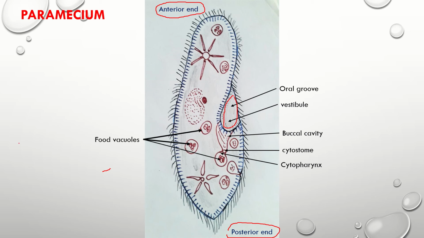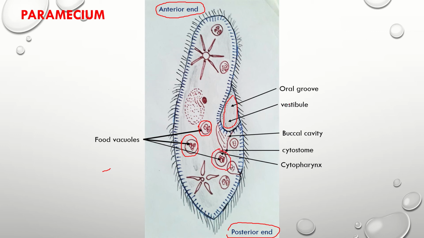Here we can find many food vacuoles, found scattered in the cytoplasm. These food vacuoles are formed by the buccal cavity and cytopharynx.